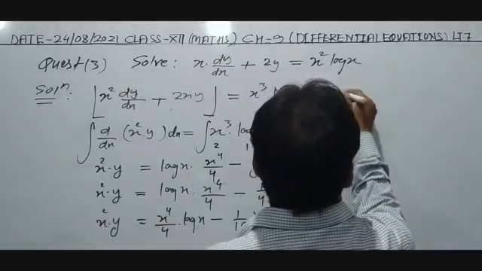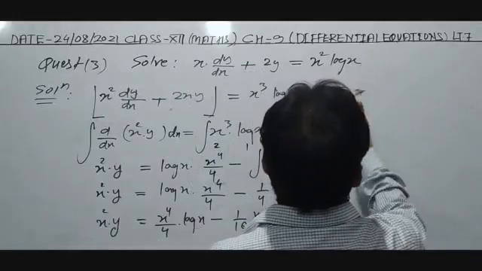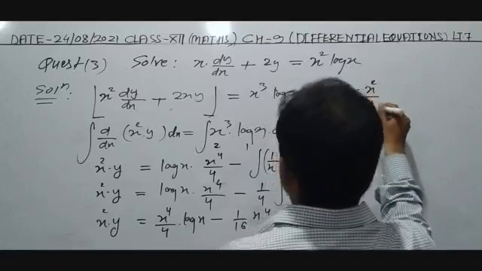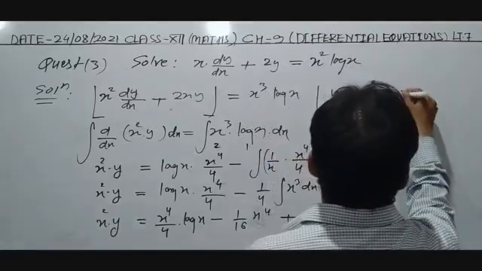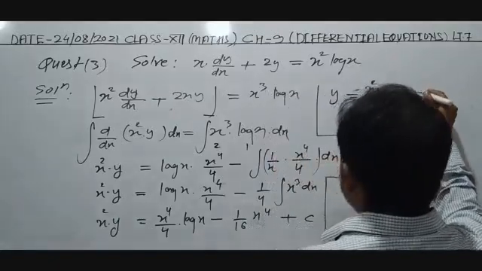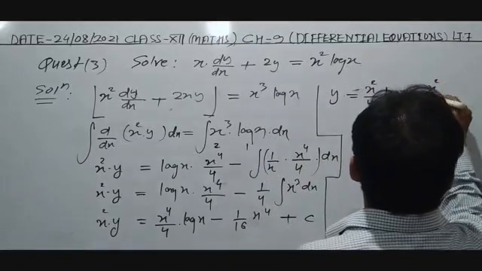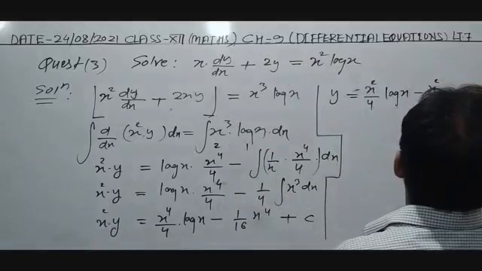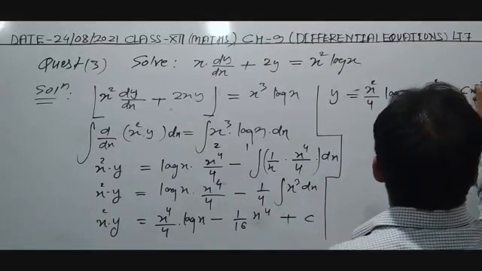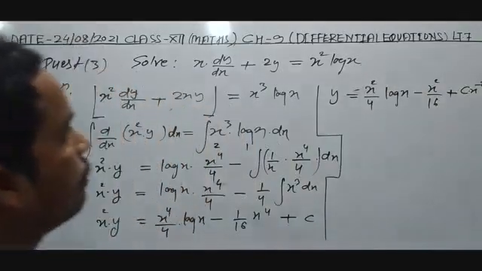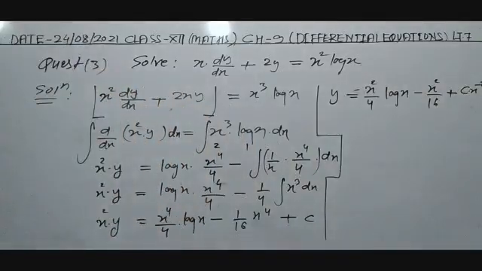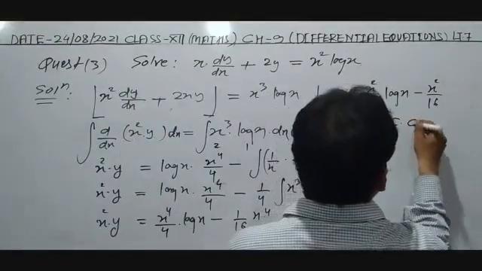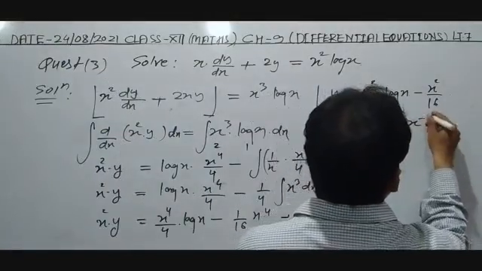When you divide by x square on both sides, y will be x square by 4 log of x minus x square by 16 plus c times x to the power minus 2.